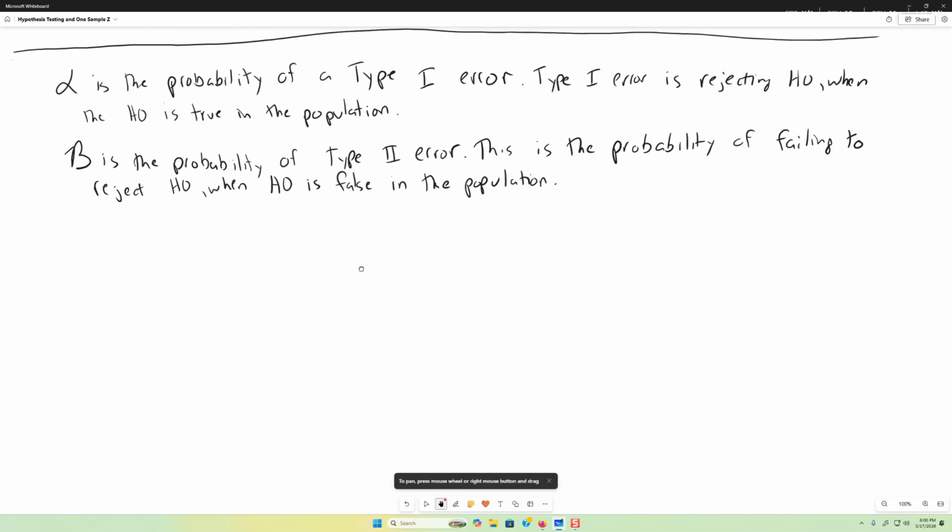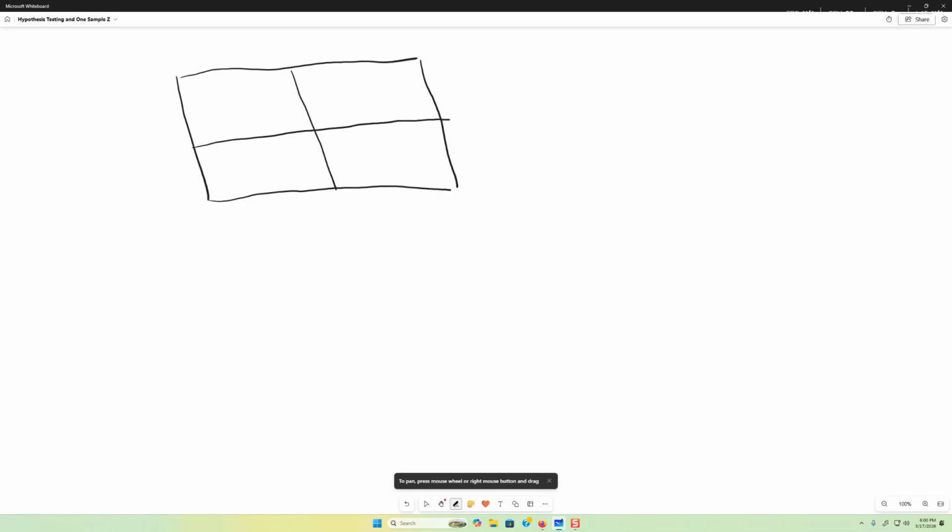Now, if we want to look at the decision tree, or decision box, basically. And my drawing is not great here. So this would be population.